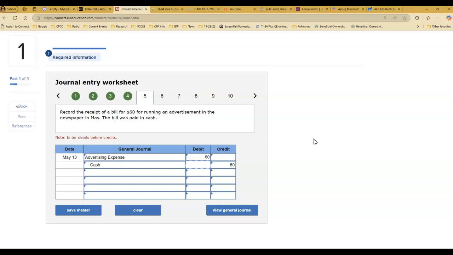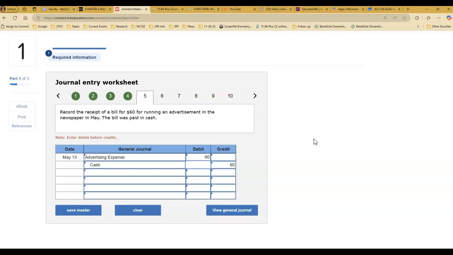Okay? Now, there's also another assumption here that makes this one a little wonky. The moment that we would record the accounts payable, in the real world, would not necessarily be when we receive the bill. It's when the advertisement shows up in the magazine, the newspaper, on the billboard, etc. This one is a little bit weird in the way that they handle it.